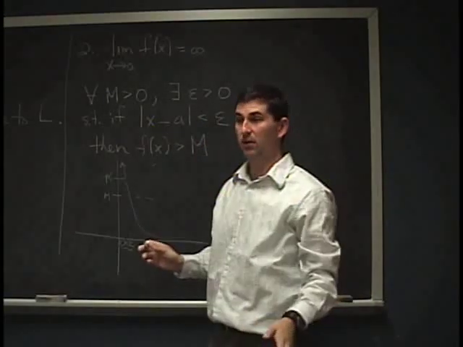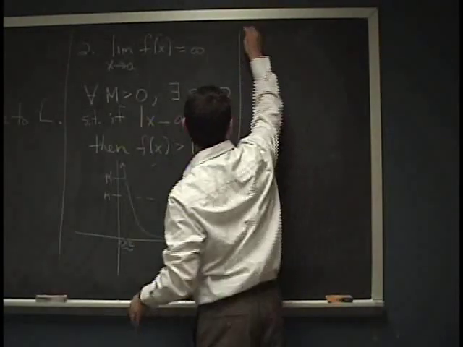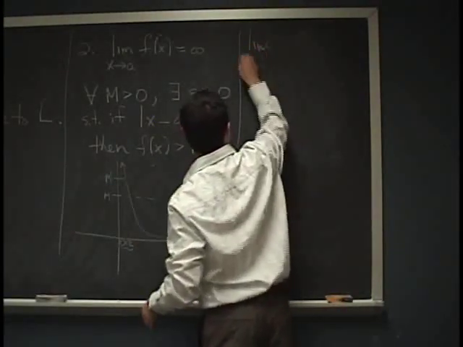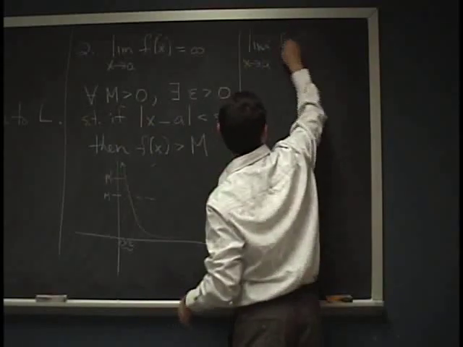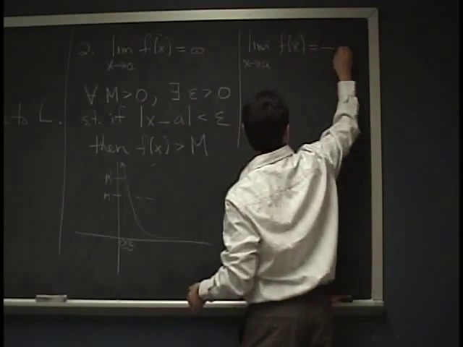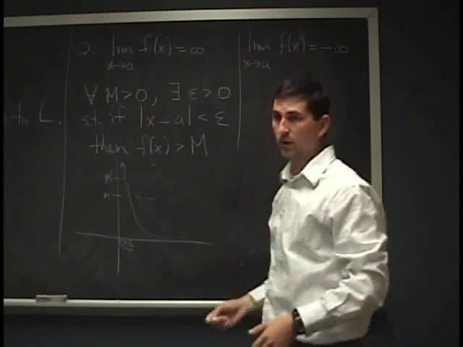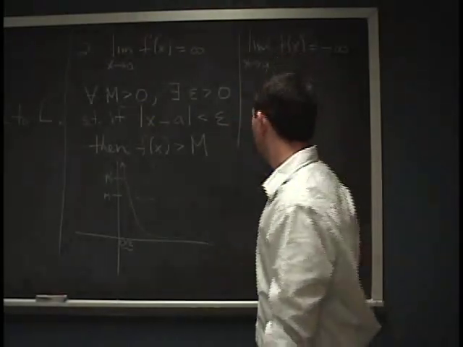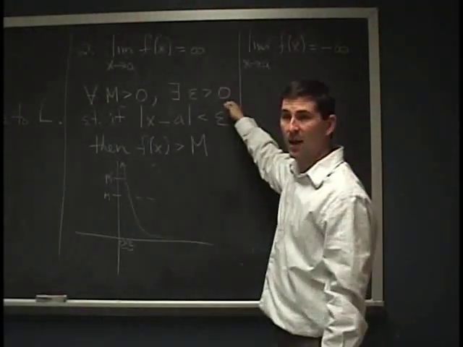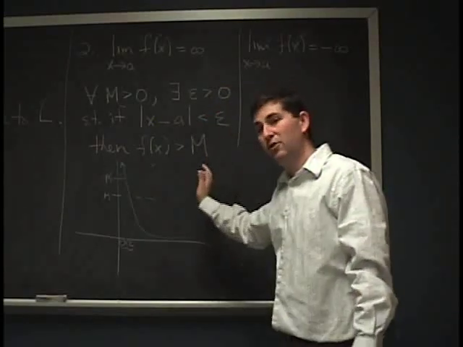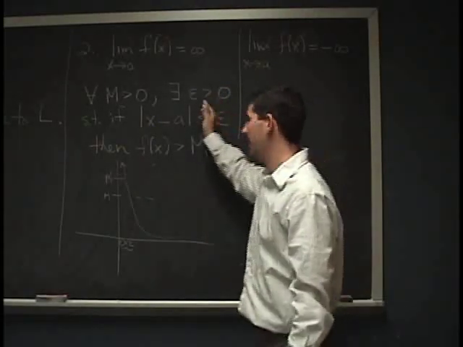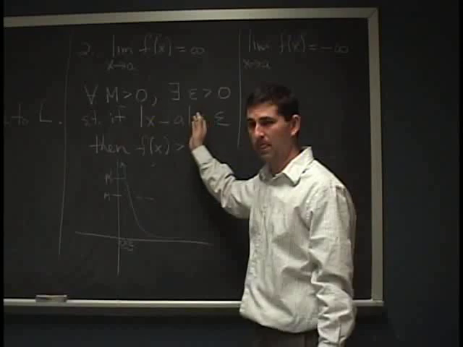As an exercise, go home and try to write down the correct definition for the limit being minus infinity. Take this definition and try to rewrite it. And the reason why I have you do this is so that 1, you'll have seen an epsilon at some point in this course.